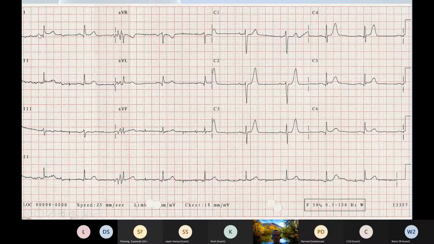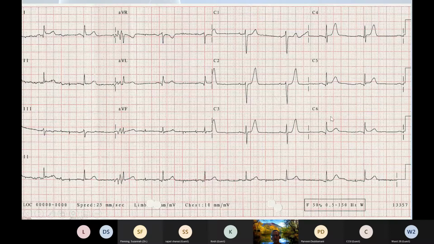Can you see how we've got some baseline wander in 1? And that makes that look quite elevated. But if we look at the next beat along, maybe there's half a millimeter, a third of a millimeter of elevation. It's very, very subtle if it's there. There's no depression anyway, no reciprocal change here.